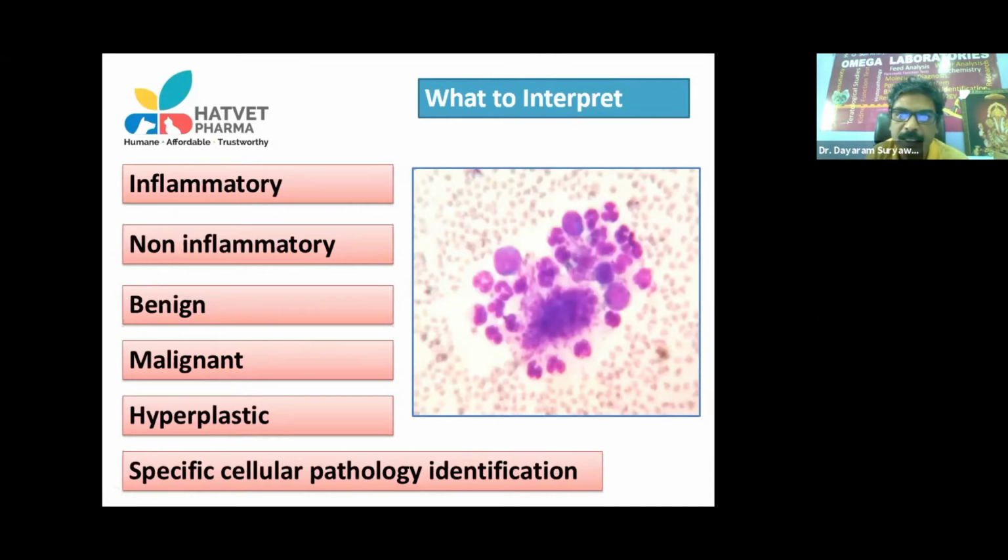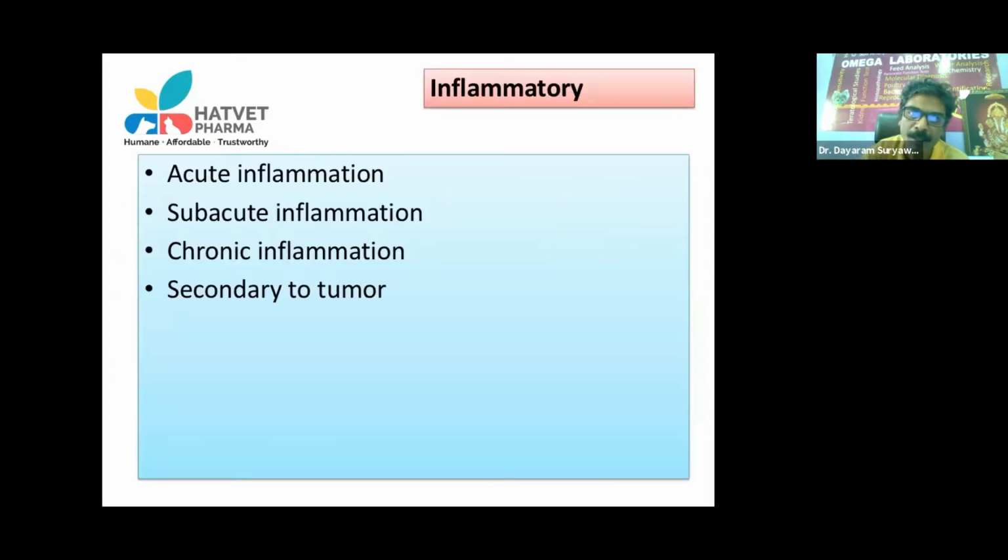We can see each and every aspect of this: inflammatory, non-inflammatory, benign, malignant, hyperplastic, specific cellular pathology identification. Now inflammatory. If any condition is there in the body, and we are going to say that this is inflammatory, then what are the different criteria?